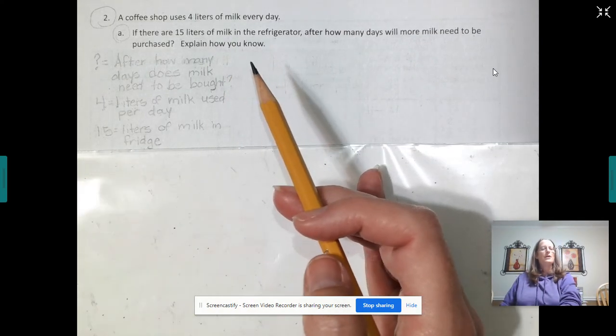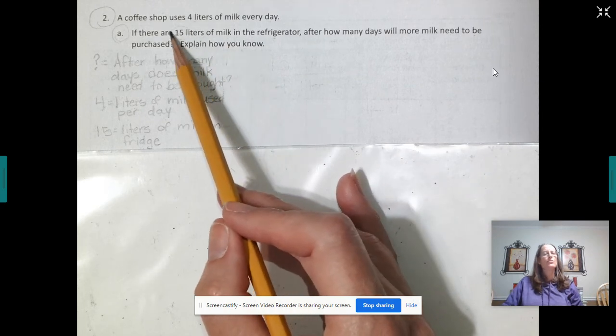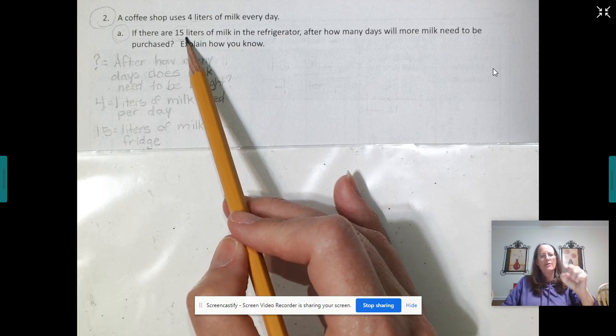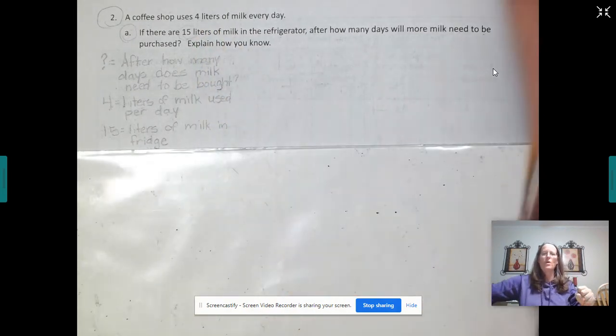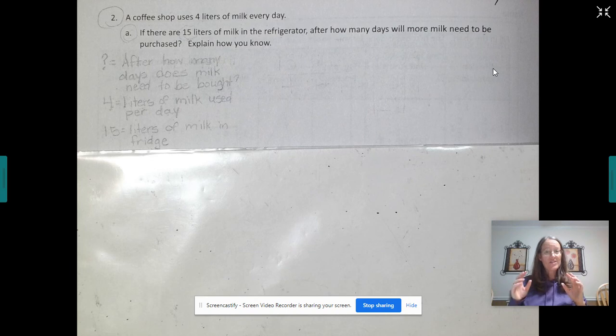So let's think here. If I have a total amount of liters, and I am using 4 of those liters on one day, and 4 of those liters on the next day, and 4 of those liters the next day, what operation am I performing? Yeah, division.